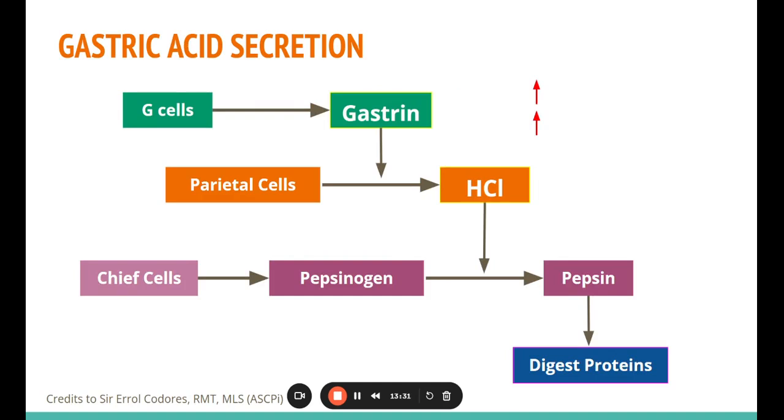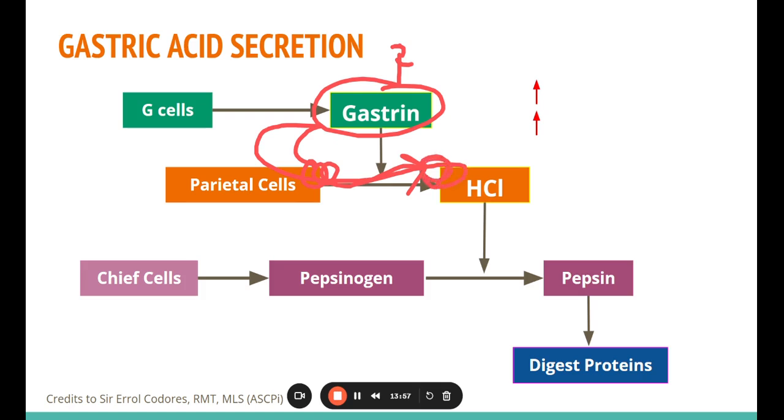Let's go back to this diagram again. Like we said, in ZES, there is a tumor in the pancreas, and this tumor produces gastrin. Remember that gastrin stimulates the parietal cells to produce HCl. Since there's too much gastrin in ZES, more parietal cells are stimulated to produce the acid HCl, meaning more acid is produced.